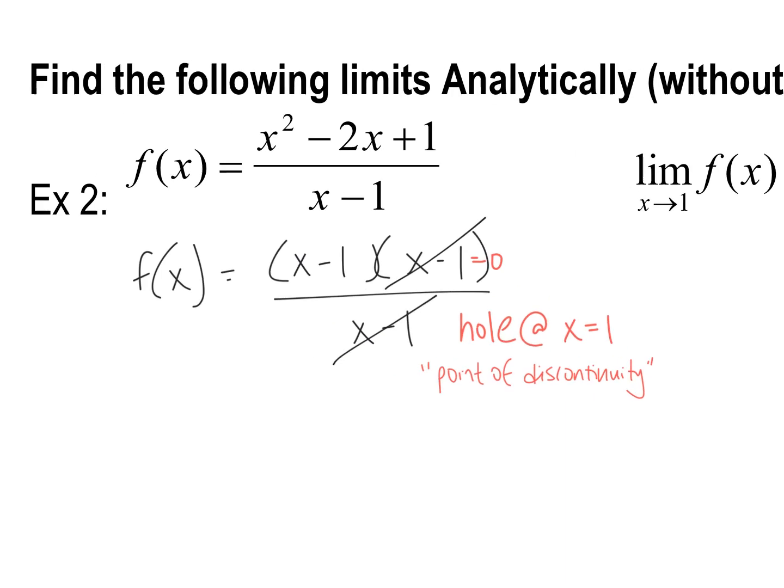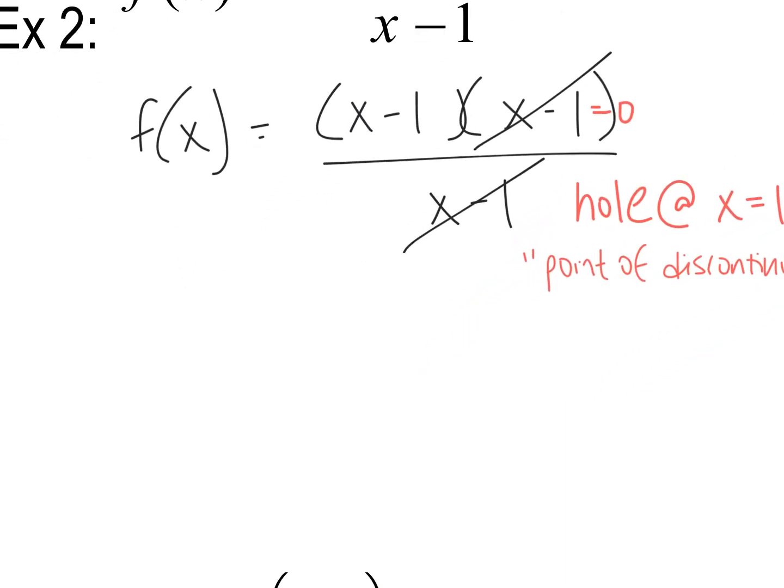So what does this graph actually look like? See what's left over? I was able to cancel the x minus 1s. So my entire equation, f of x, is just x minus 1, because the other two x minus 1s canceled. Do you know what y equals x minus 1 actually looks like?